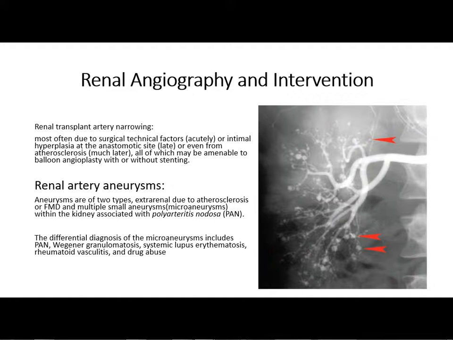Renal artery aneurysms are of two types: extrarenal, due to atherosclerosis or fibromuscular dysplasia, and multiple small aneurysms, microaneurysms, within the kidney associated with polyarteritis nodosa. The differential diagnosis of microaneurysm includes polyarteritis nodosa, Wegener granulomatosis, SLE, rheumatoid arthritis, and drug abuse.